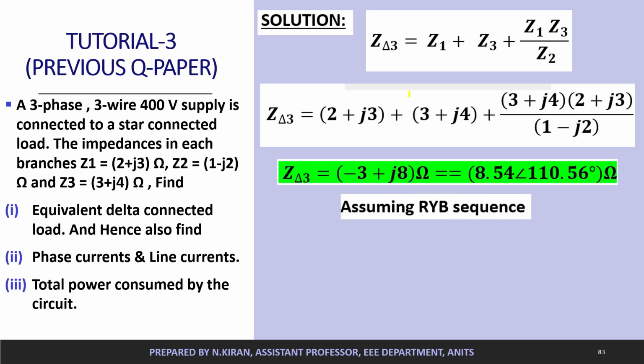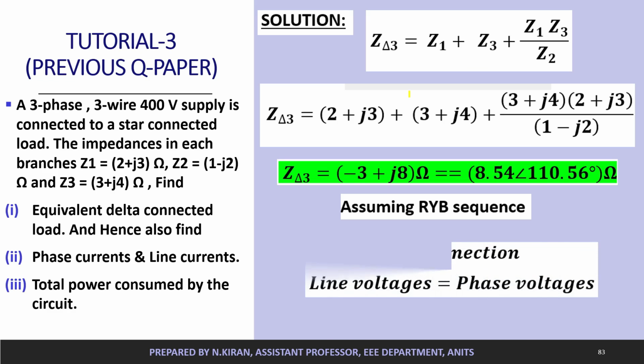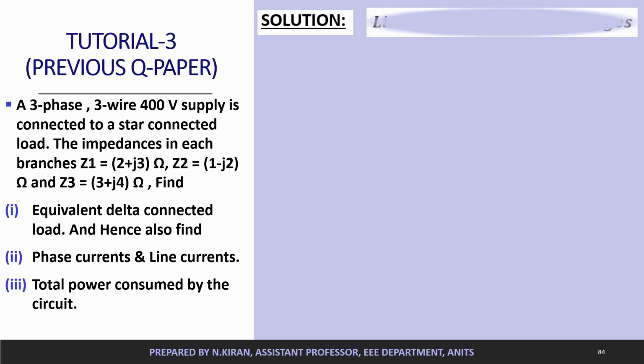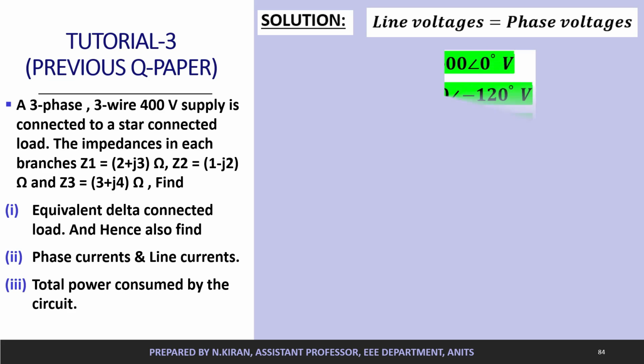After finding the equivalent delta connected load, now assuming that the phase sequence is RYB, since this is a delta connection, the magnitude of line voltage and phase voltage are equal.